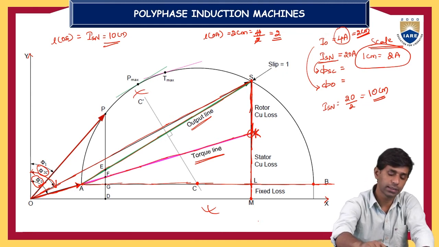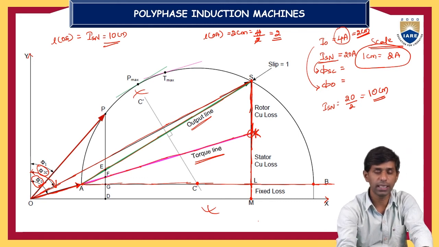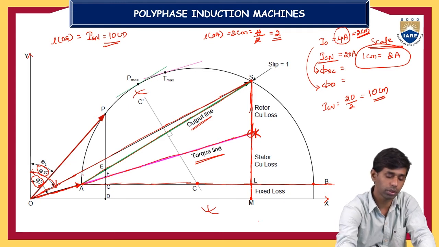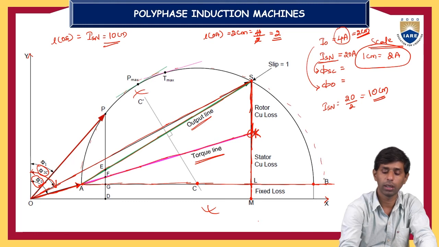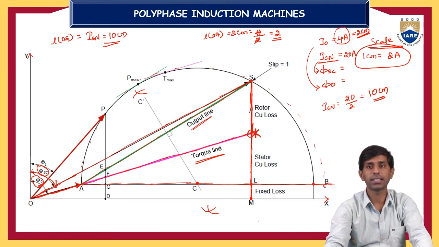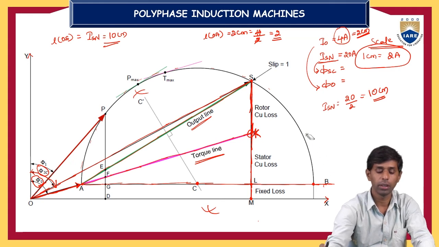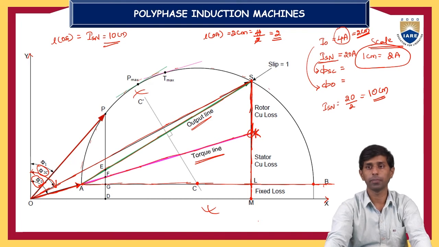So by C as a center and CA as a radius, draw a semicircle. So this is the semicircle.